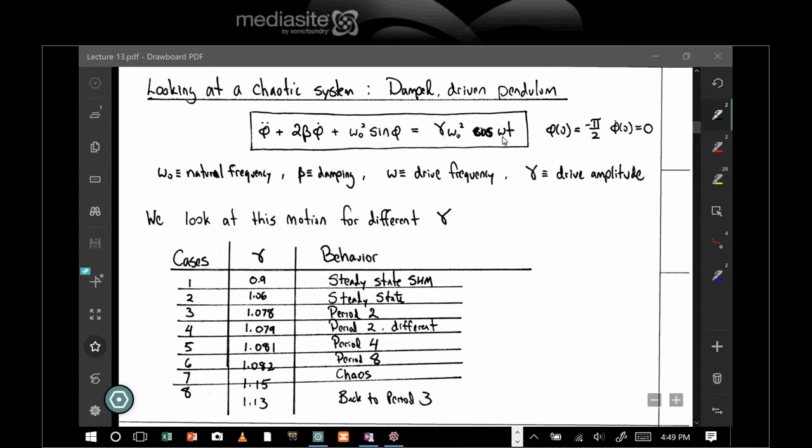And so I'm going to solve my equations numerically, and I'm going to set omega in such a way that there's a natural drive period, and that natural drive period will be equal to 1 second. So I'm going to say T equals 2 pi divided by omega, and I'm going to set that equal to 1 second.